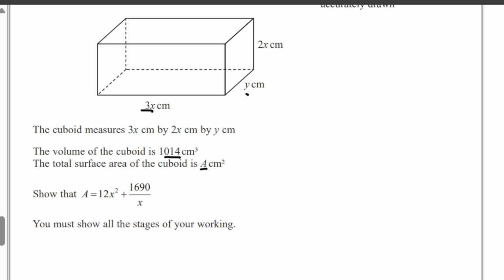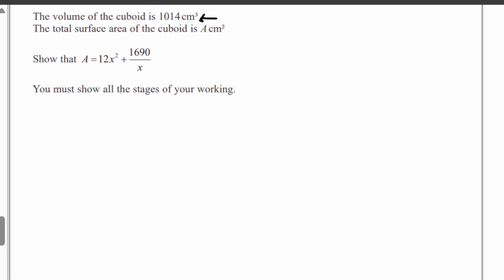Alright, that's a very good question. You can pause and try it yourself. Now, I'll first ask myself, why did they give me the volume here? What's the volume of the cuboid? The volume is equal to the length times the width times the height.